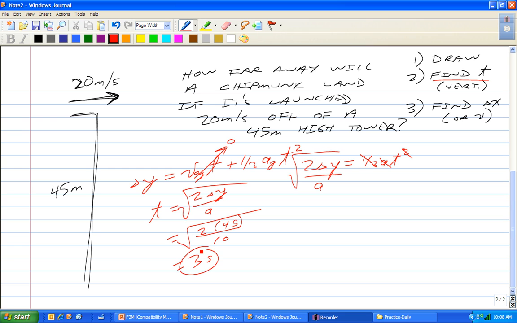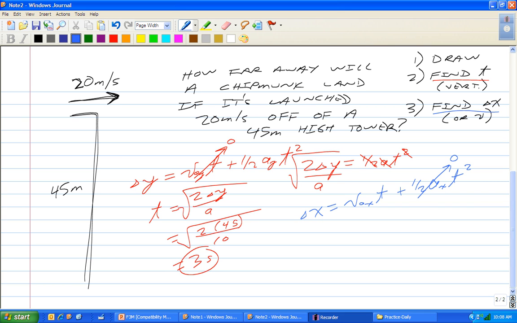So we found the time in the air, 3 seconds. Check. Now, step 3, find out how far it goes. Again, same formula, just now we're looking at it horizontally. Is anything 0? Yeah, the acceleration in the x direction is 0 because there's no acceleration in the x direction because constant velocity, and what's causing it to stay constant velocity and there be no acceleration is there's not any forces in the x direction.